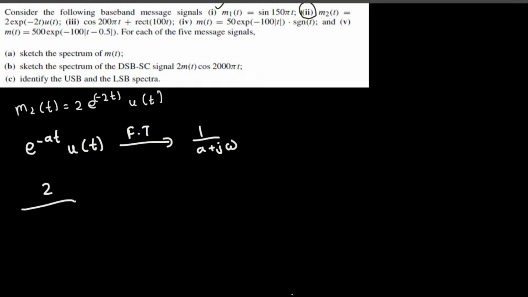So it is 2 over (2 plus j omega), and this is the Fourier transform of the given message signal. We can express this in the frequency domain, so M2(omega), that is angular frequency, is equal to 2 over (2 plus j omega).